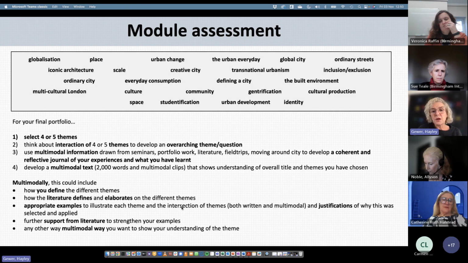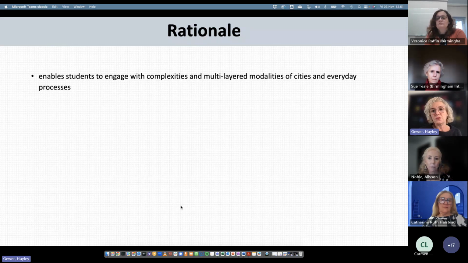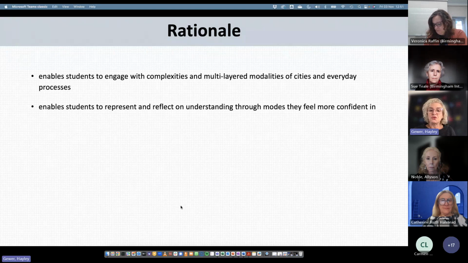So the rationale for using a multimodal portfolio was that it hopefully enabled students to engage with the complexities and the multi-layered modalities of cities and everyday processes. It also hopefully enabled students to represent and reflect on the understandings that they were gathering through modes that they felt comfortable with.